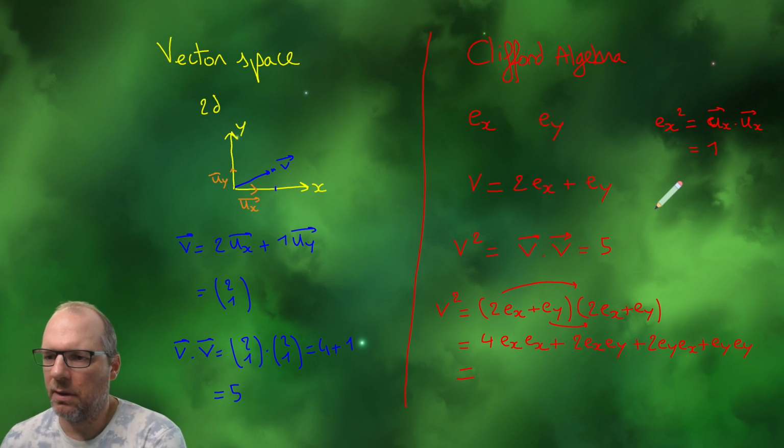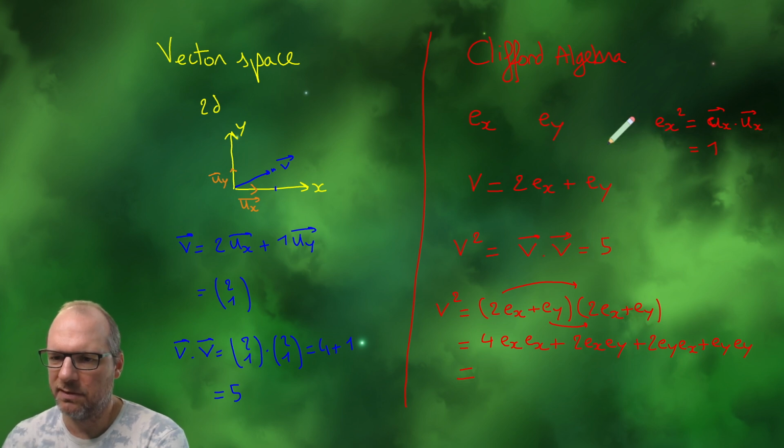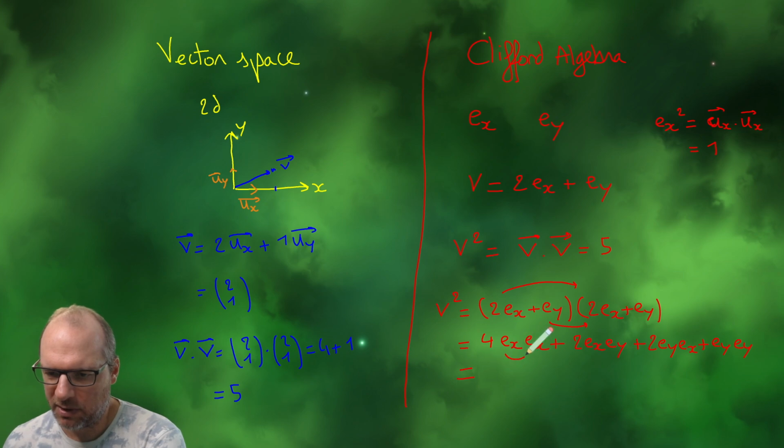So we impose that e sub x squared must be 1. It is a rule we impose. So now we have 4, plus e sub y squared is the same, 1, plus 2 times (e sub x e sub y plus e sub y e sub x).